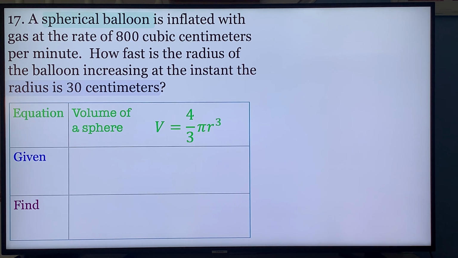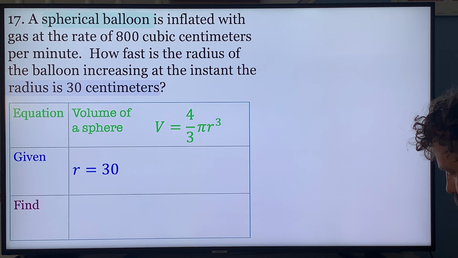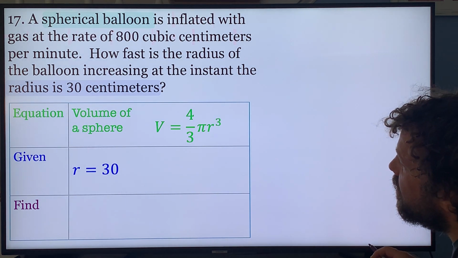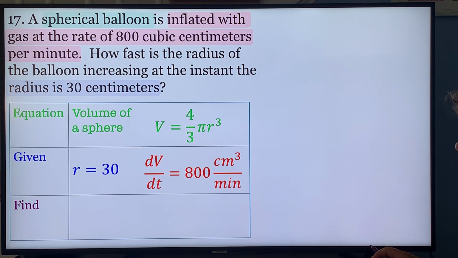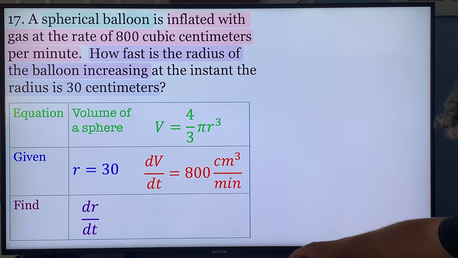What have we got? How fast is the balloon increasing the instant the radius is 30 centimeters? So r equals 30. Inflated at the rate of 800 cubic centimeters per minute. That's dV/dt. How fast is the radius increasing is what we're looking for. So that's dr/dt.